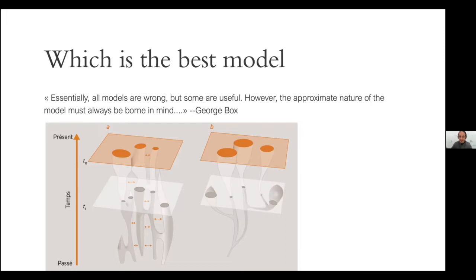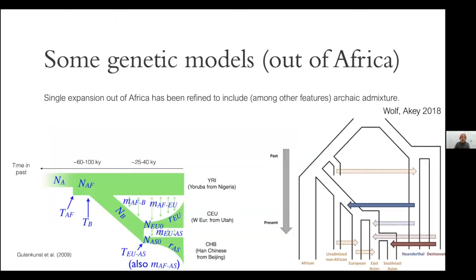So this is the philosophical part of the talk. So where is the field at? Like, what are the kinds of models that people have fit to data using human genetics? And well, for many years, people have been fitting models like these ones, where you have these pipes that represent individual populations.